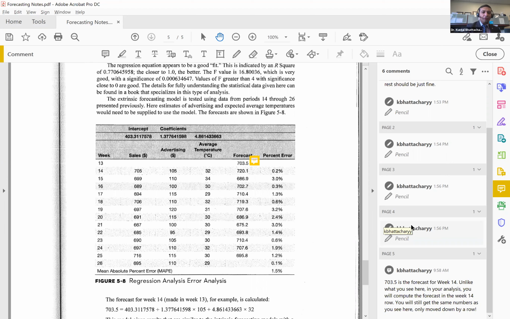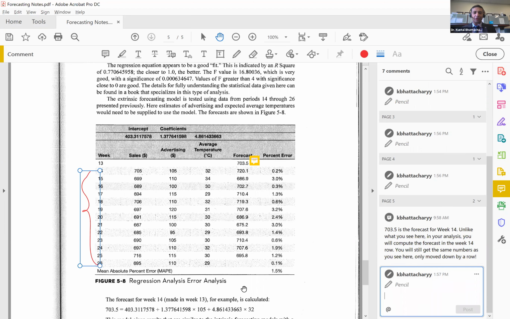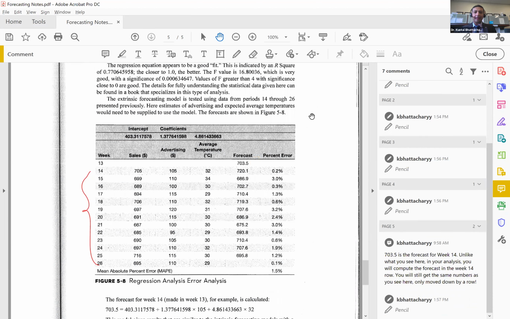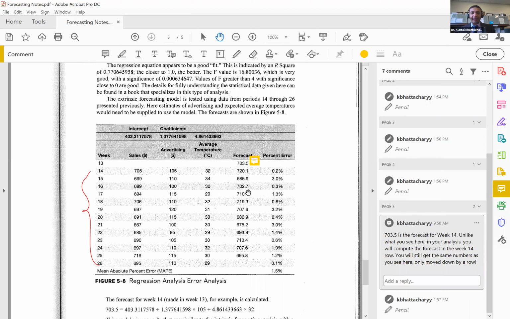From weeks 14 through 26, there's some fresh set of values that's available to you, and based off of that, you will create the forecasts and look at the percent errors accordingly. So this is just a little different from the rest of the analysis that we have done. Just follow along with this note.